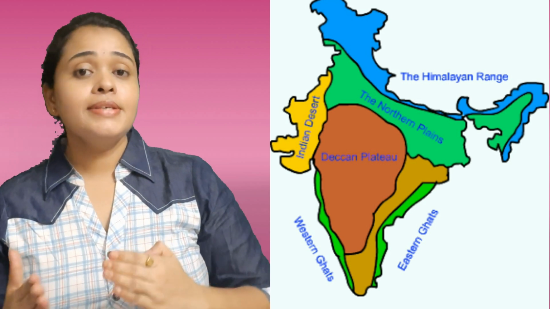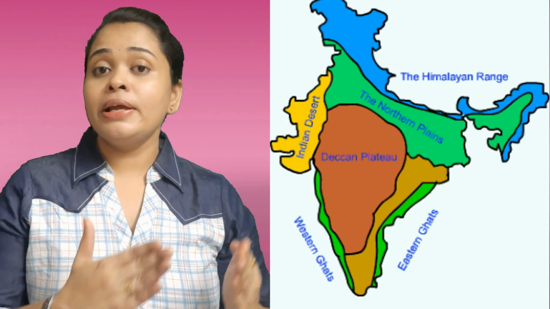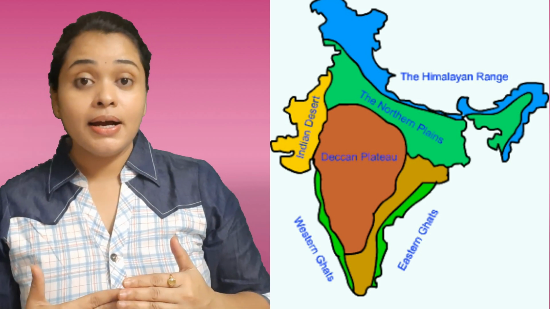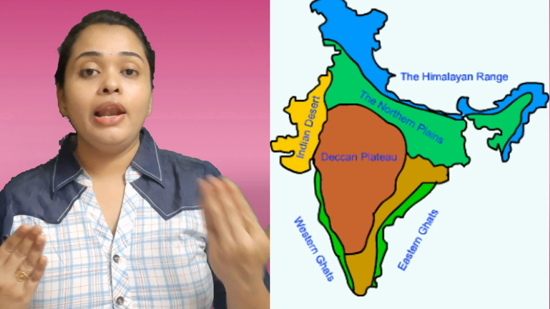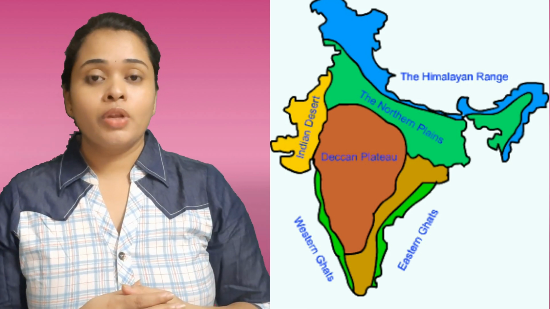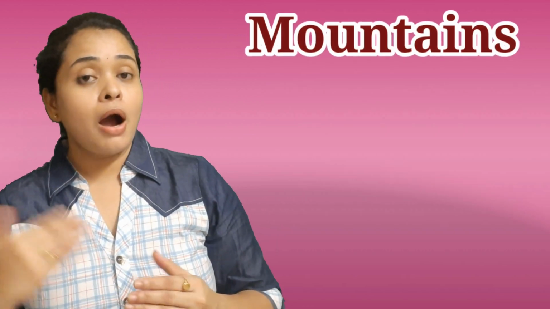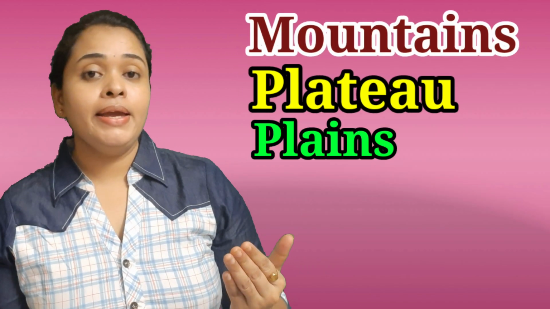Now we are going to learn detailed information about physical maps. These maps usually show different parts of land colored in green, yellow or brown. They show the variety of landforms like mountains, plateaus, plains, valleys, etc., and depict the height of the places.